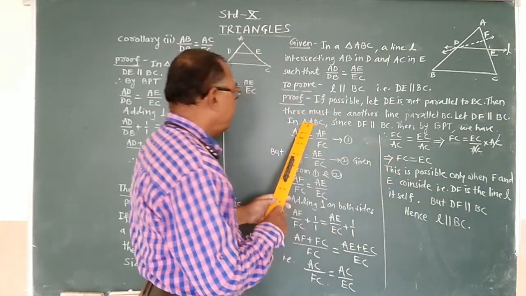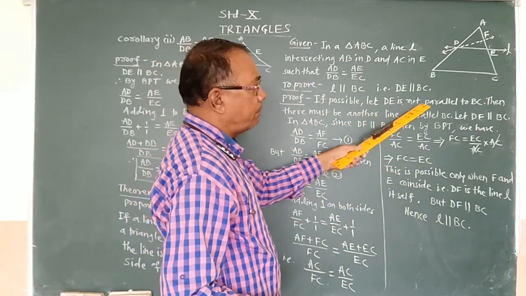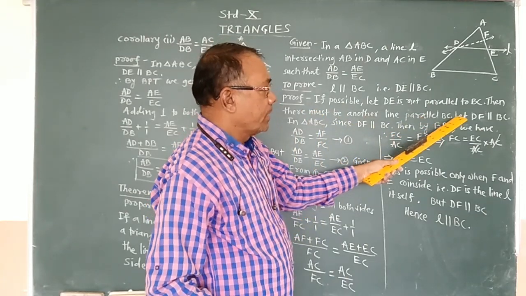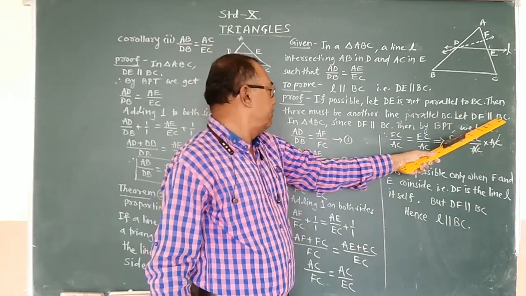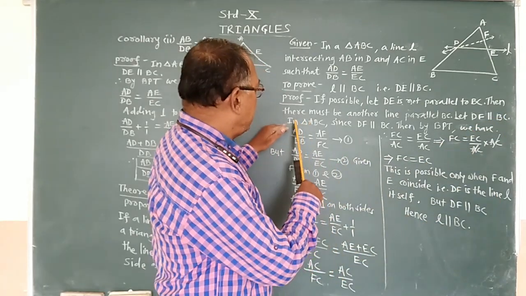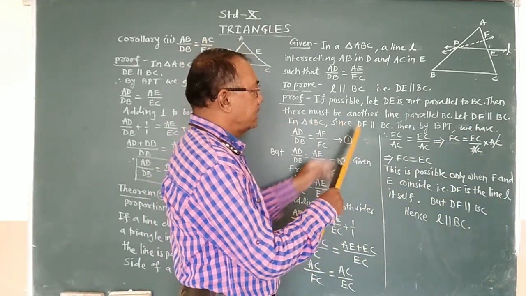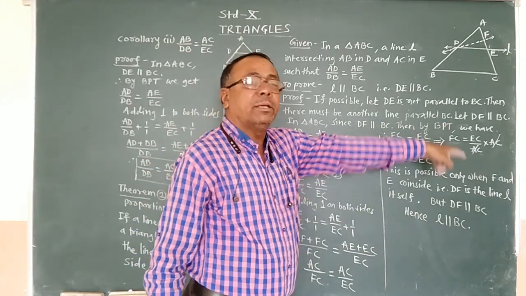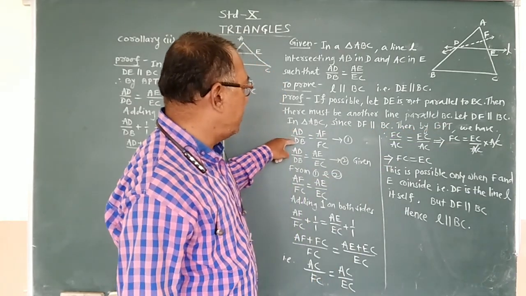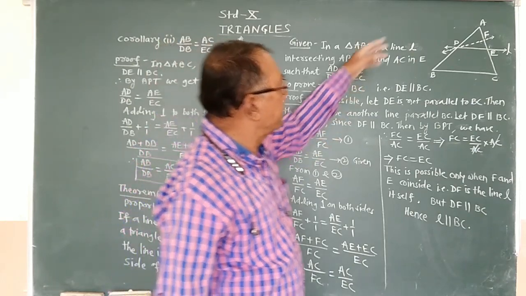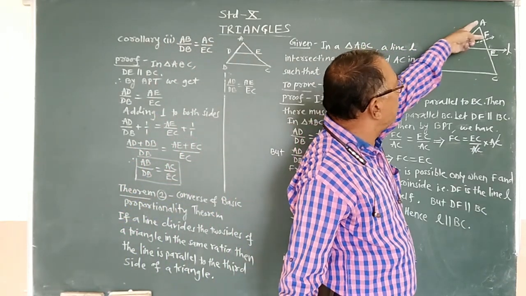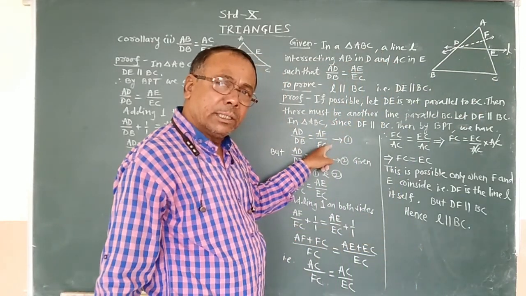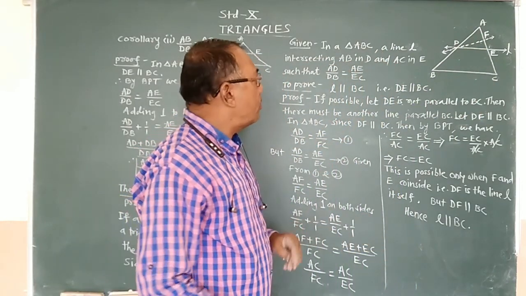In triangle ABC, since DF is parallel to BC, by BPT we can write AD upon DB is equal to AF upon FC. So that is equation number 1.